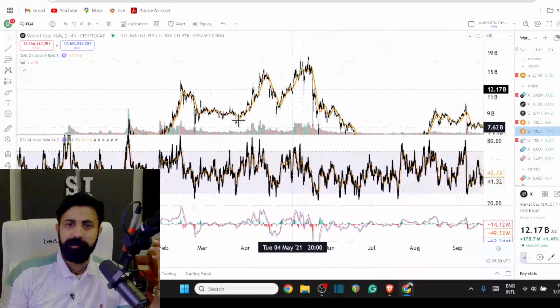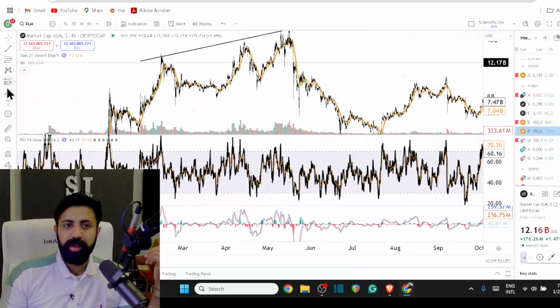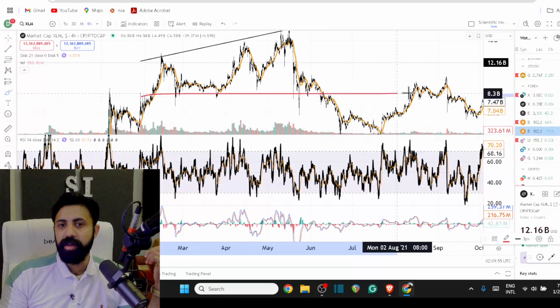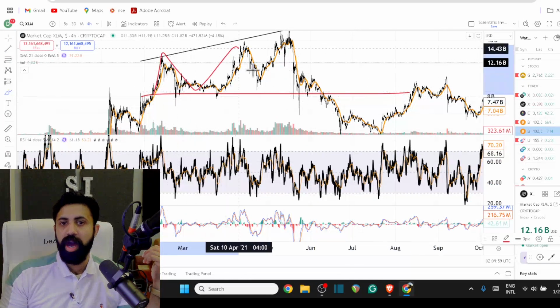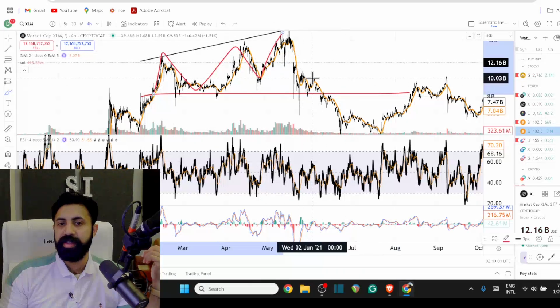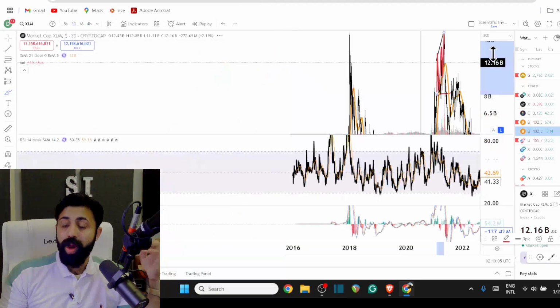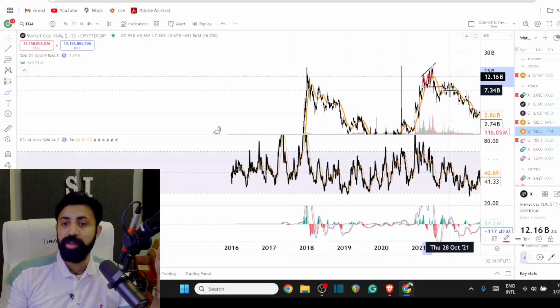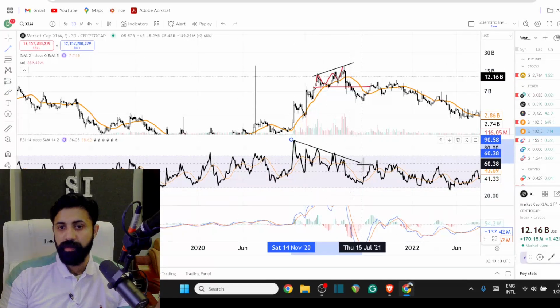So let's look at this. The price went up. The base still remained the same. Now, note this. While the price action was doing such a move on a 3-day or a weekly, the RSI was saying, no, I'm not going up, guys.